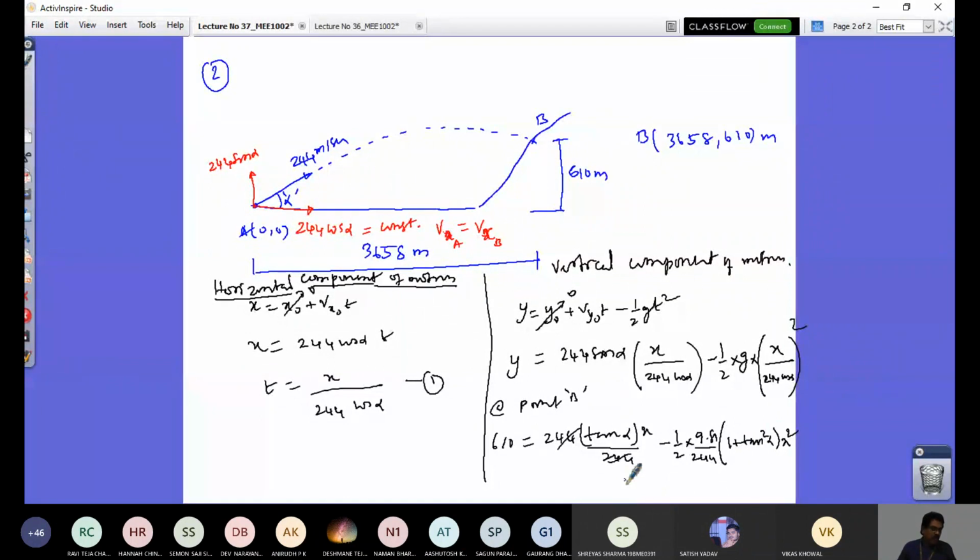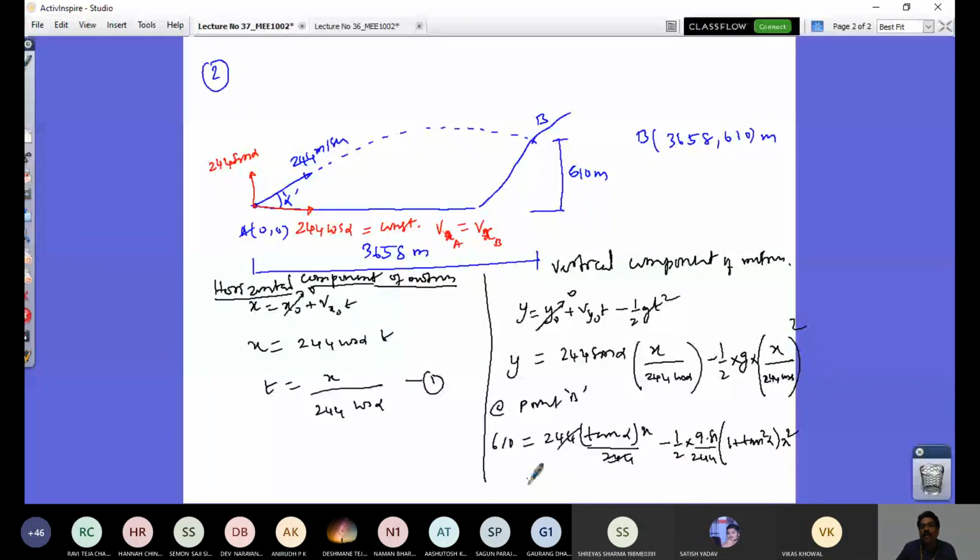All right. So look at what would be further happening. Here I can substitute the tan alpha x value, right? X also is known, so substitute that here.